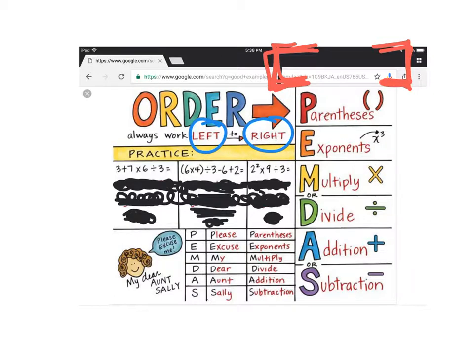So brackets will always be first. Before parentheses even starts, we'll do brackets. So whatever's in the brackets we'll solve, then parentheses, then exponents, which I'll put a question mark there because we won't see those too much in 5th grade. That'll be for next year. And multiply or divide whatever comes first, and then add or subtract whatever comes first.